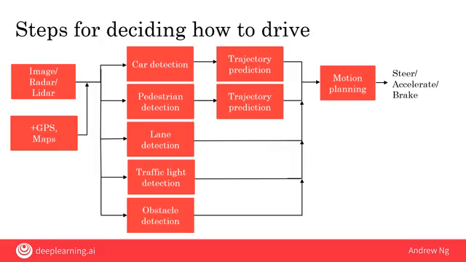And sometimes there are other obstacles, such as unexpected traffic cones, or maybe there's a flock of geese walking in front of your car that needs to be detected as well, so that your car can avoid even other obstacles and cars and pedestrians. On a large self-driving car team, it would not be that unexpected to have a team or maybe a few people working on each of the boxes shown here in red. And it's by building all of these components and putting them together that you can build a self-driving car.